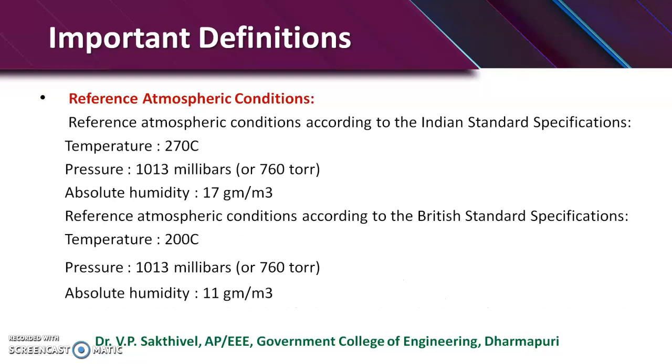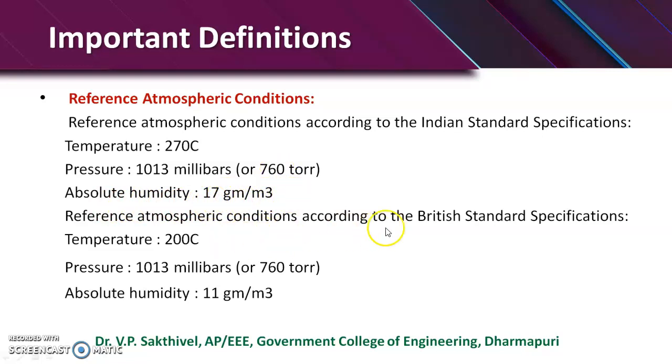Another main factor is humidity. According to the standard, what do we mean by a reference atmospheric condition? According to the Indian standard, the temperature is 27 degrees centigrade, the pressure is 760 torr, and the absolute humidity is 17 gm per meter cube.